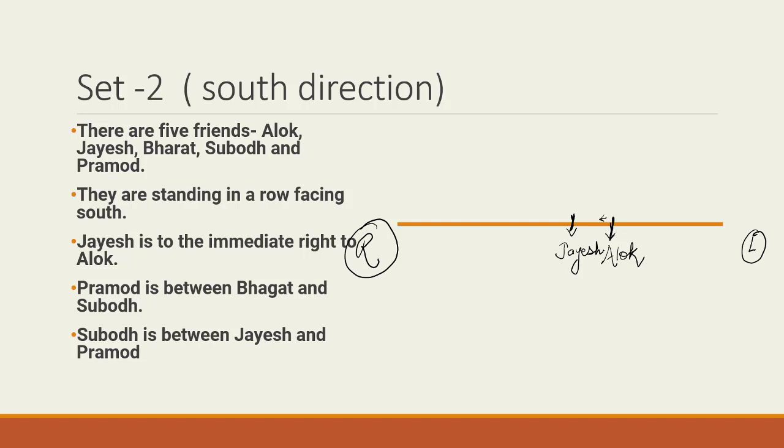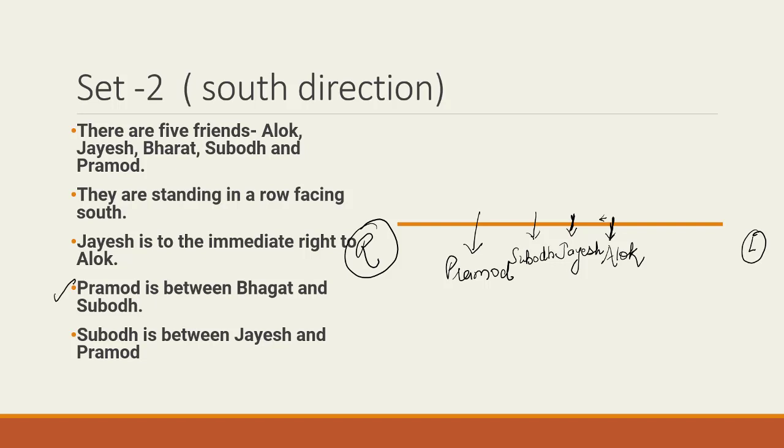Point number 3 or data number 3 cannot be used right now, that Pramod is between Bhagat and Subodh. We'll look further. Subodh is between Jayesh and Pramod. Now I know where is Jayesh. I know Subodh is between Jayesh and Pramod. Now this data can be used.